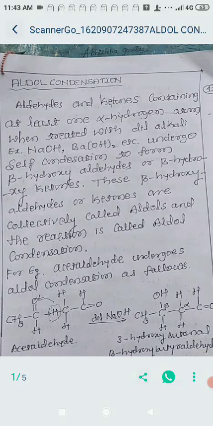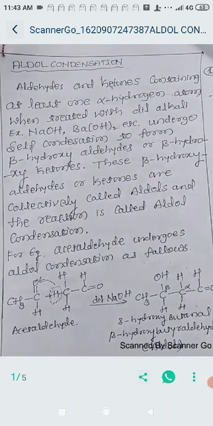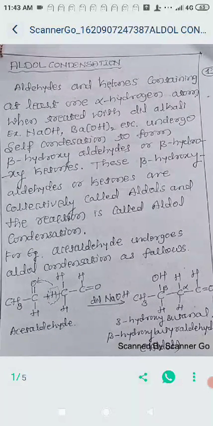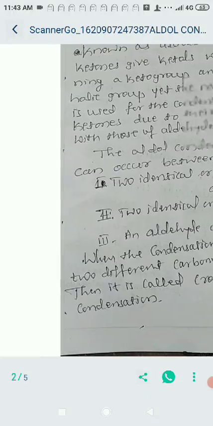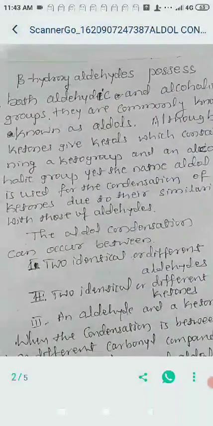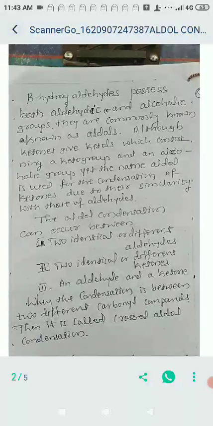These beta hydroxy aldehydes or ketones are collectively called aldols and the reaction is called aldol condensation. Here the example I show: two molecules of aldehyde, that is acetaldehyde, in presence of dilute NaOH form 3-hydroxybutanal. This is the reaction, and here is some commentary.